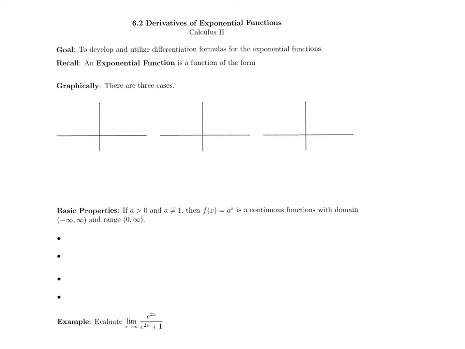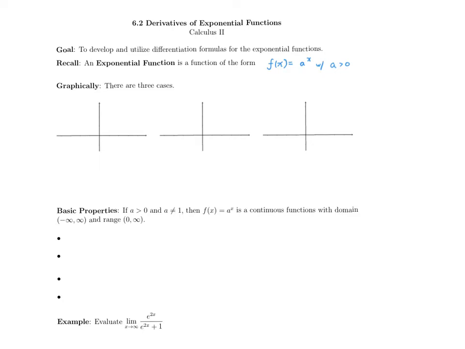An exponential function is a function that has a very specific form. And that form would be a to the x. A is a constant, which we would refer to as the base of the exponential function, and we have the stipulation that a is a positive quantity.